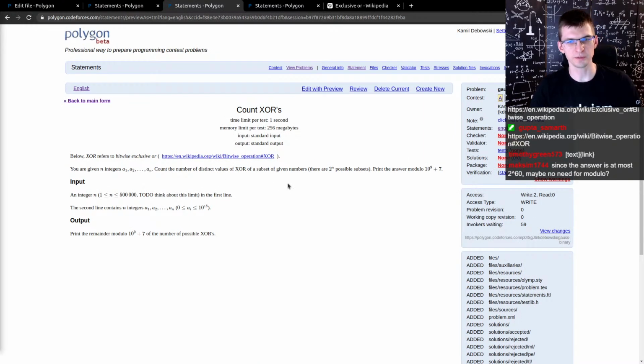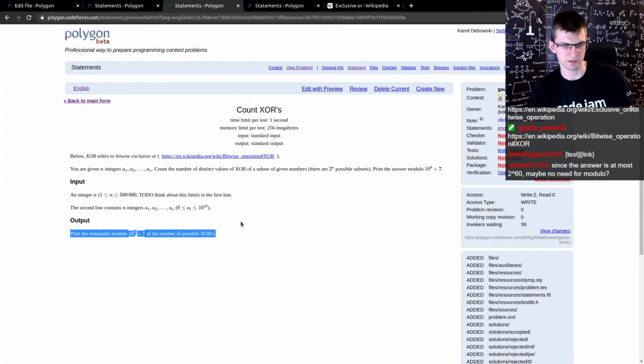So you see, preparing problems is a lot about just formatting the statement. You're given n integers. Count the number of distinct values of XOR of a subset of given numbers. Print the answer modulo billion seven. Maybe we should say what's the XOR of a subset. So more than 2 numbers, but I think that will be in the explanation for samples.